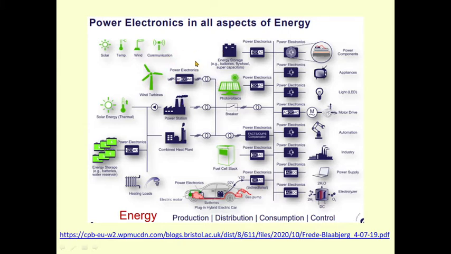You'll find that in each and every stage we need power electronics nowadays. This has been taken from a PPT made by Frede Blaabjerg, one of the great professors of power electronics at Aalborg University.